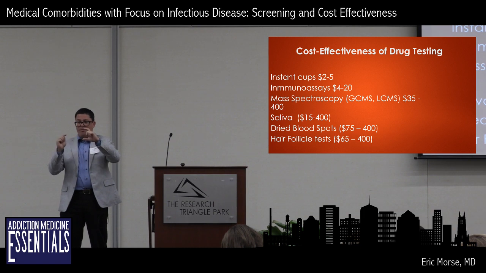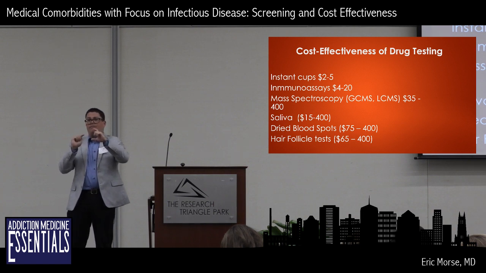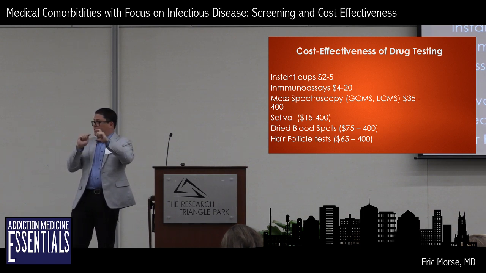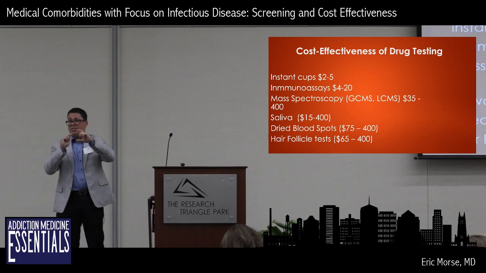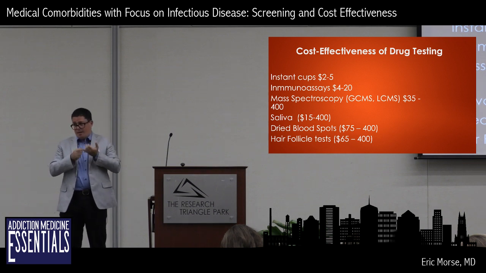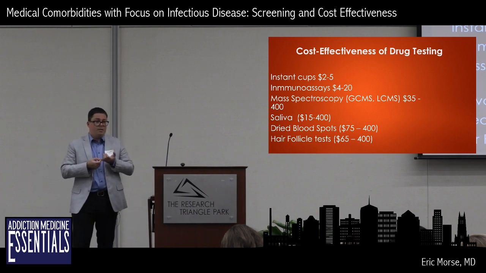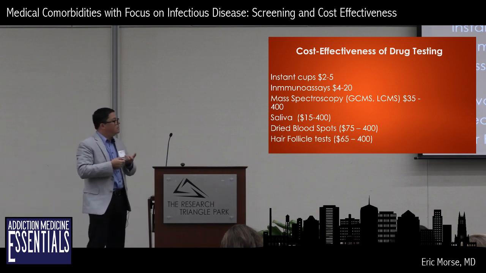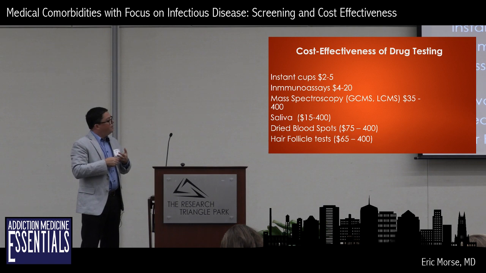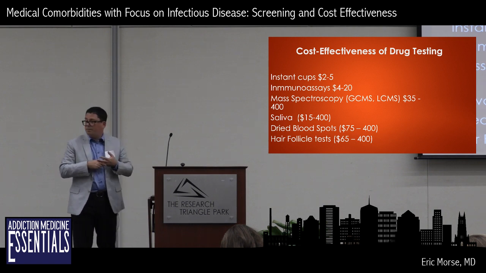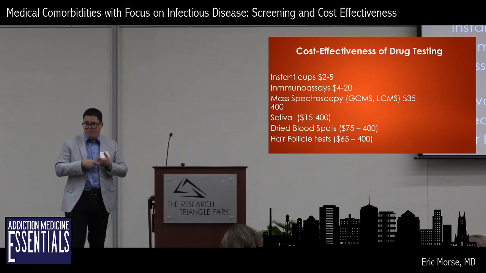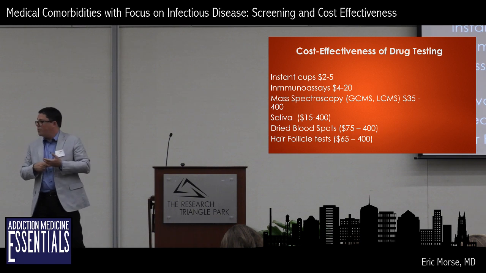So a typical 14 panel is going to test for pretty much everything except Klonopin, which you're only going to get about 20% effective testing of. And it's not going to test for fentanyl unless you have fentanyl in your cup, which isn't really commercially possible right now. You usually have to buy the fentanyl dips separately.